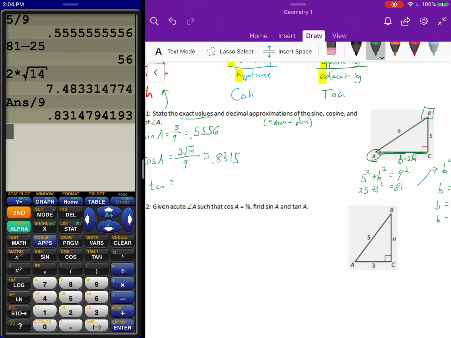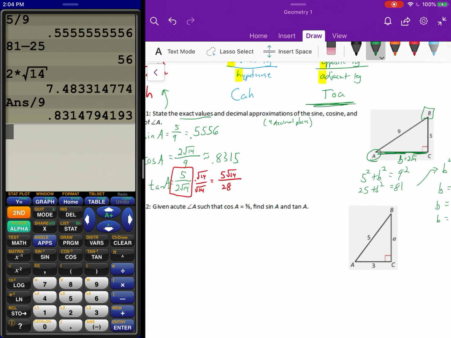And then tangent, finally. The exact value is opposite leg. So we're looking at the definition of tangent, opposite leg, which is 5 over the adjacent leg, which is 2 root 14. So this is the exact answer. It's not the proper form. So if you remember from algebra, you should multiply top and bottom by the square root of 14. For right now, I would accept this answer, but we have 5 root 14 over 2 times 14, which is 28.